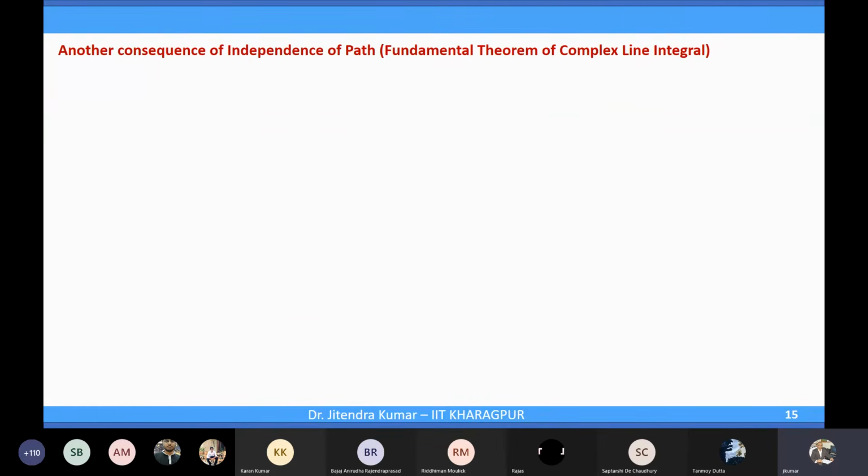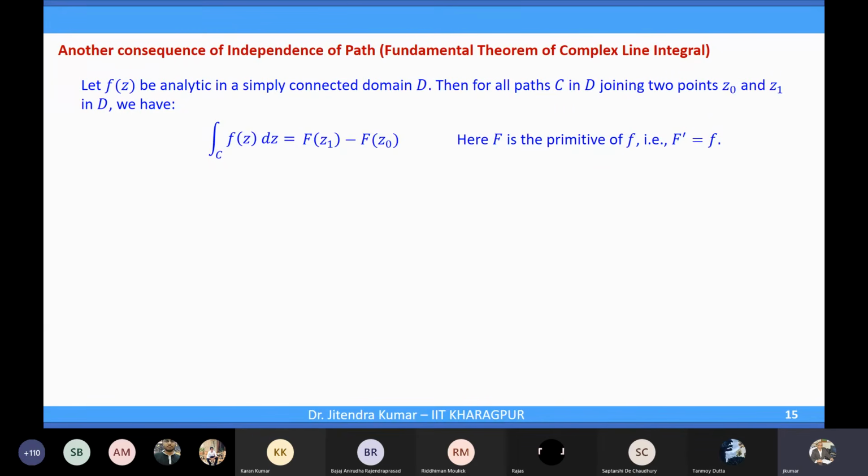Another consequence is the fundamental theorem of the complex line integral, similar to what we have already done before. If f(z) is analytic in a simply connected domain, then for all paths C in D joining the two points z0 to z1, we have this result.